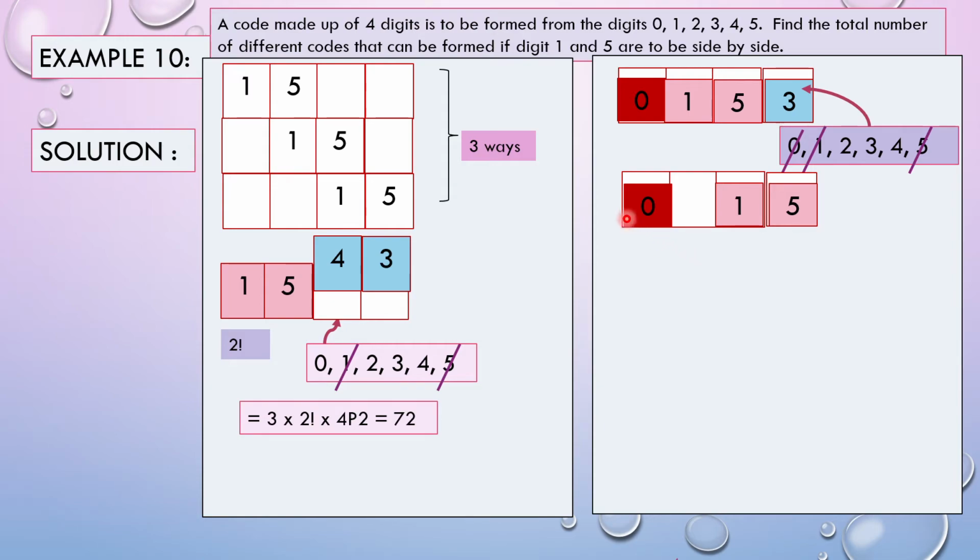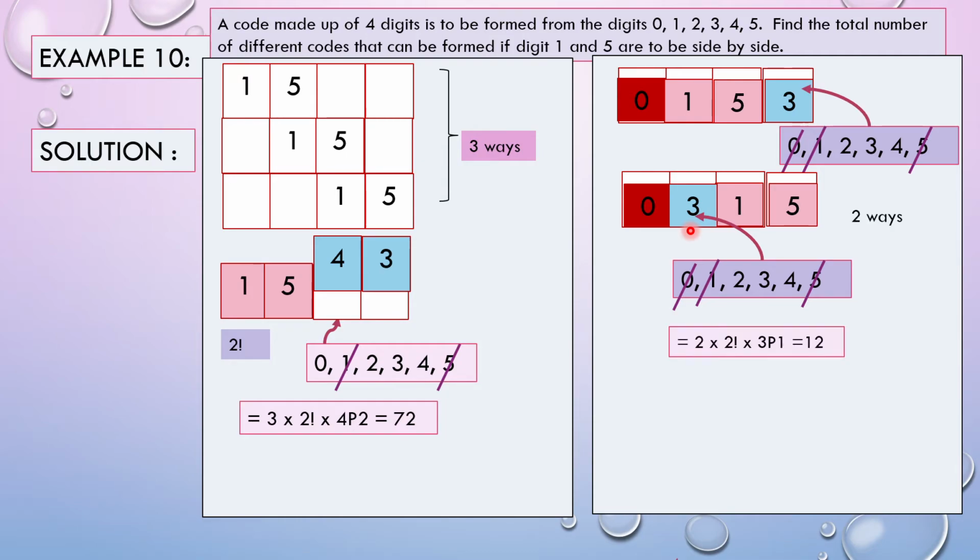Let's say the first box is occupied by digit 0. Now the arrangement of 1 and 5 at the last 2. For the second box, the digits that we can put in, we have 3 options here.